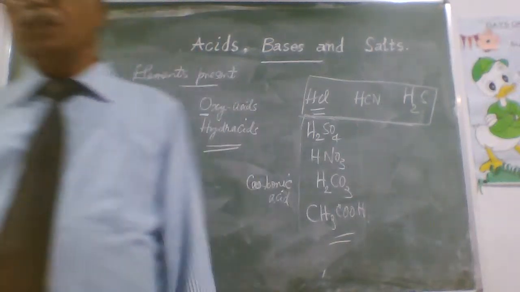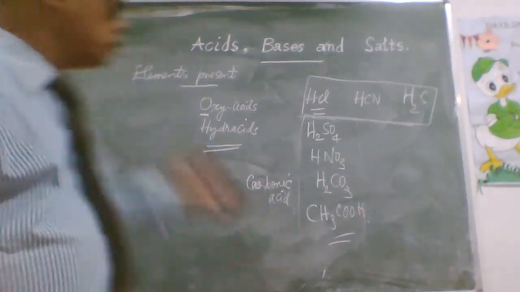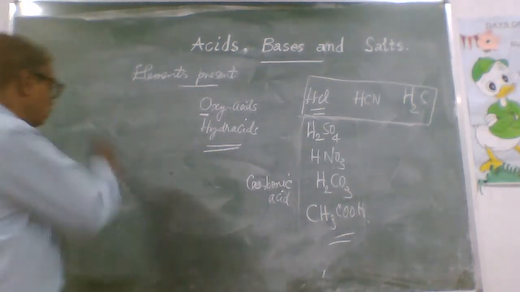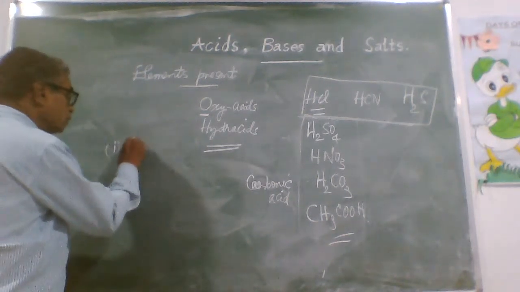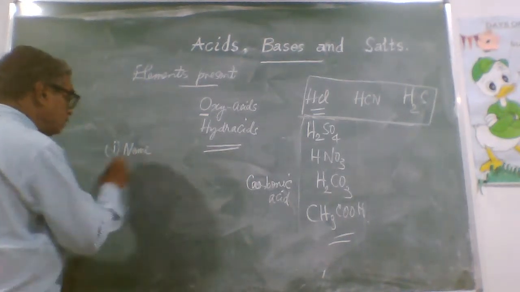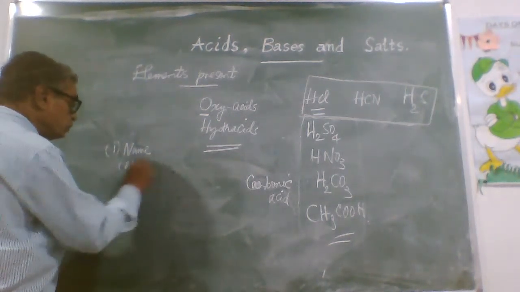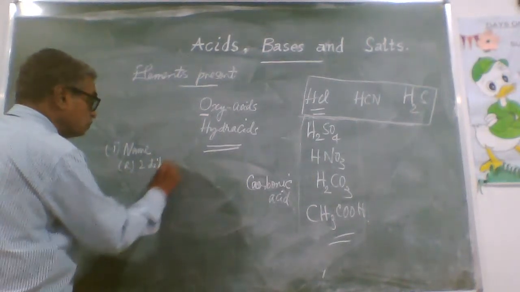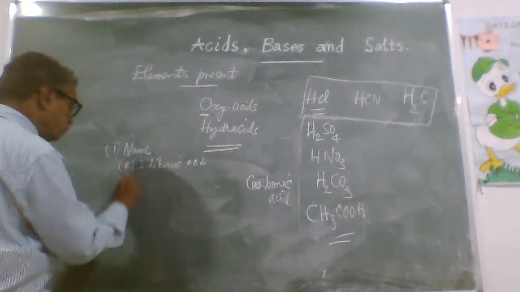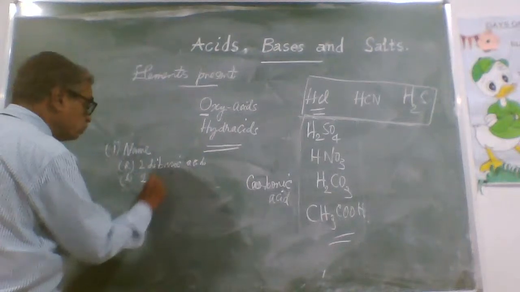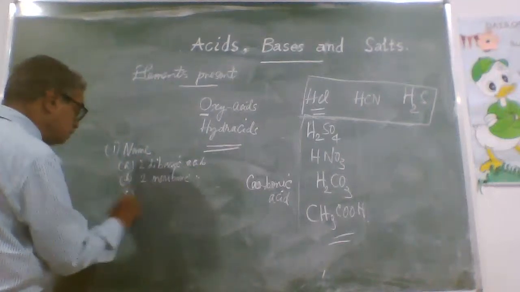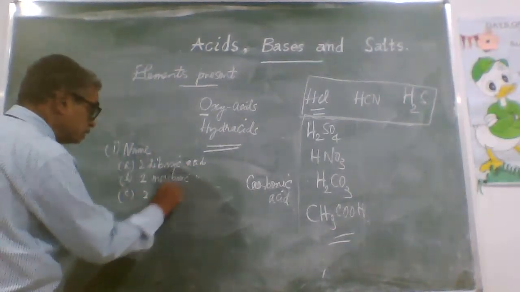I would like to give you some small homework today based on this class. Please write down. Question 1: Name A, two dibasic acids. B, two monobasic acids. C, two tribasic acids.